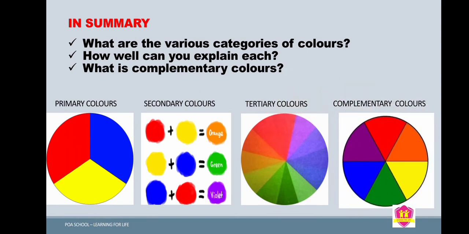So this is where we will wrap up for today. But don't forget, the whole lesson, with explanations of what they mean, is there for you. When you revise over and over, you get to understand all these types of colors very well.